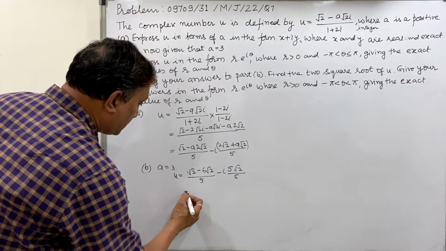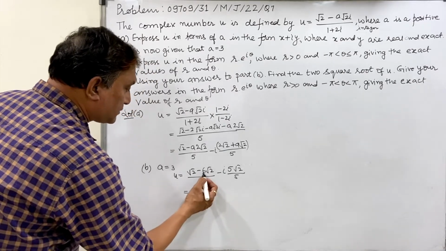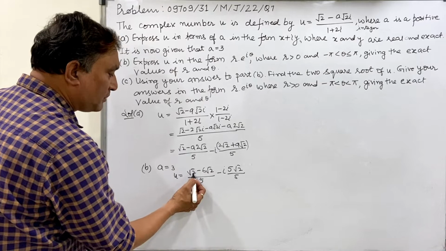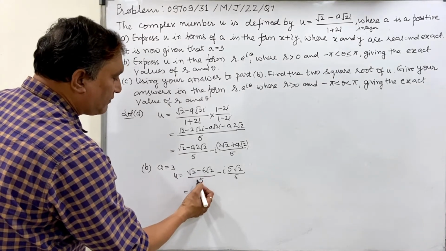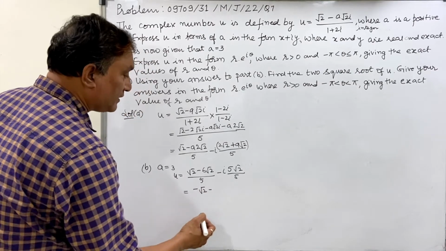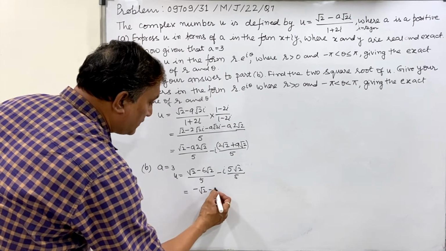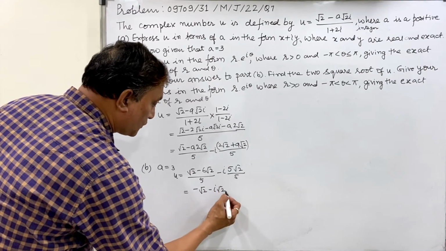We can simplify this: 6 root 2 minus root 2 would be minus 5 root 2, the 5 gets cancelled, so it would be minus root 2 minus i root 2.